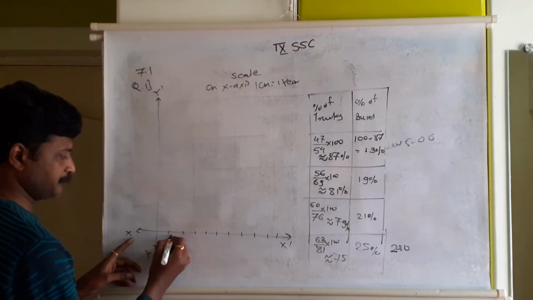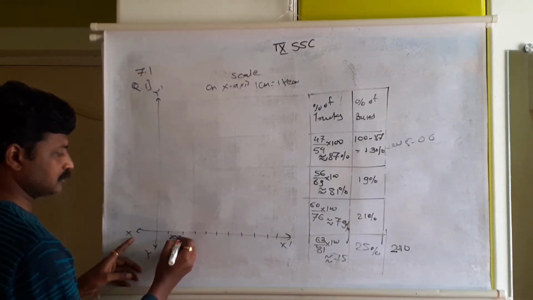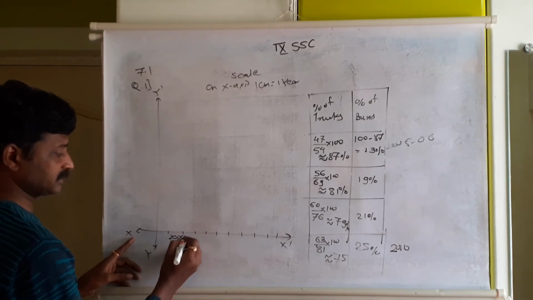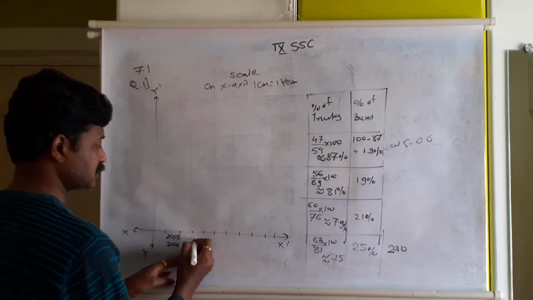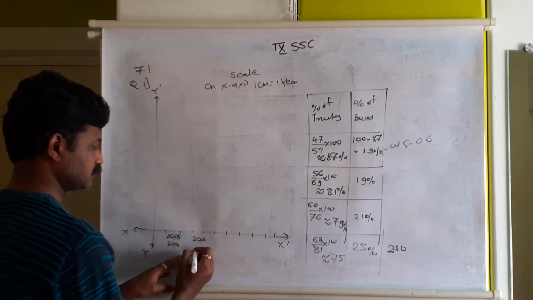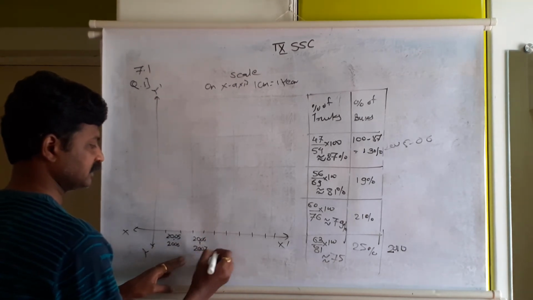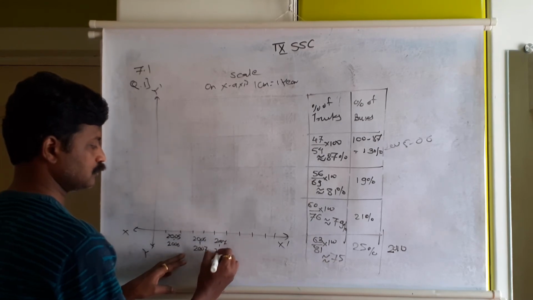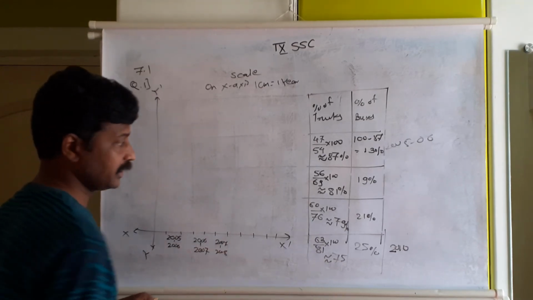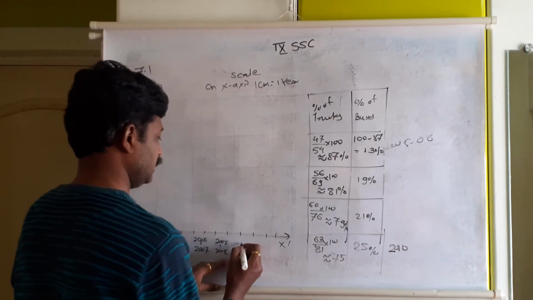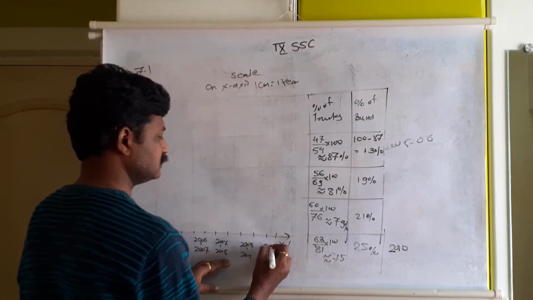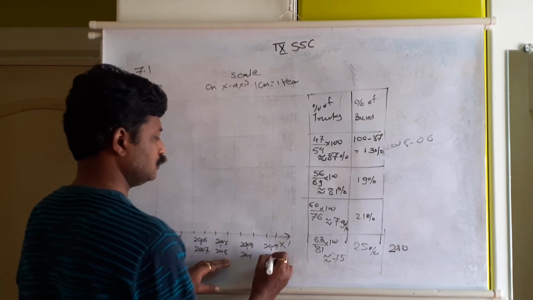So this year is nothing but 2005 to 2006, then gap, the next is 2006 to 2007, gap, next is 2007 to 2008. Then next is 2008 to 2009, and the last is 2009 to 2010.